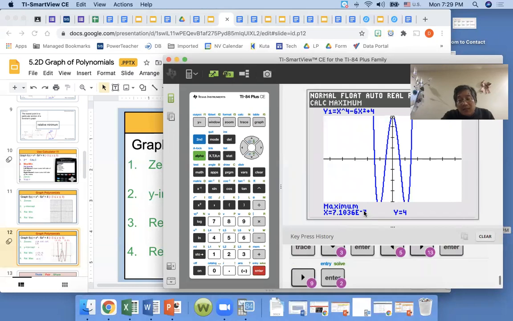Oh, E -7. E -7 means divided by 10 with 7 zeros, which is 10 million. So 7 divided by 10 million is almost 0. Sorry, but sometimes your calculator gives you this.